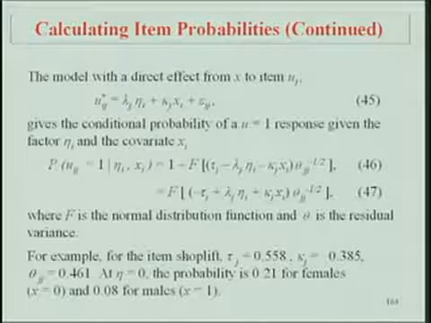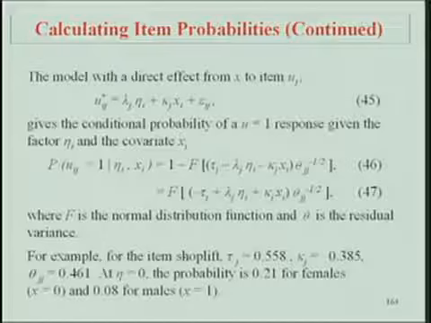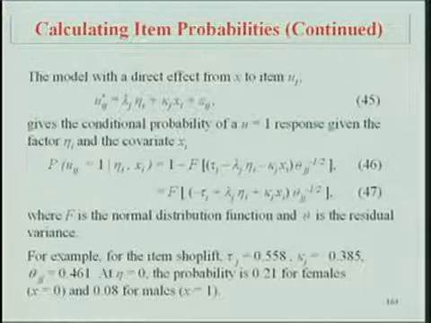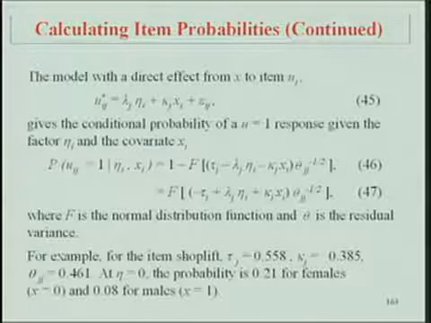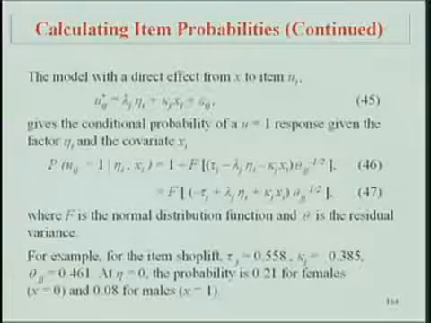So you recognize in equation 45 the measurement part of the big structural equation model: U star, the dependent variable behind U, the factor part, and the direct effect part, kappa times x, and the residual.